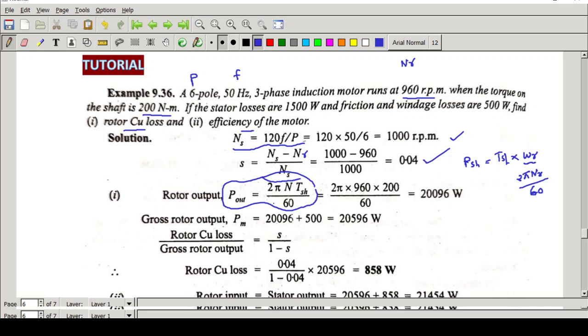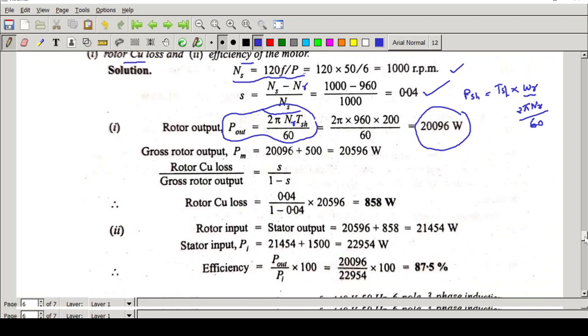Okay, so the rotor output power or power at the shaft is given by 2 pi nr into Tsh by 60, and we will get this. Okay, so now we got the rotor output power which is at the shaft. And we know the relation that whatever power is developed by the rotor, Pm, minus windage and friction losses is equal to the P shaft or the P output power.